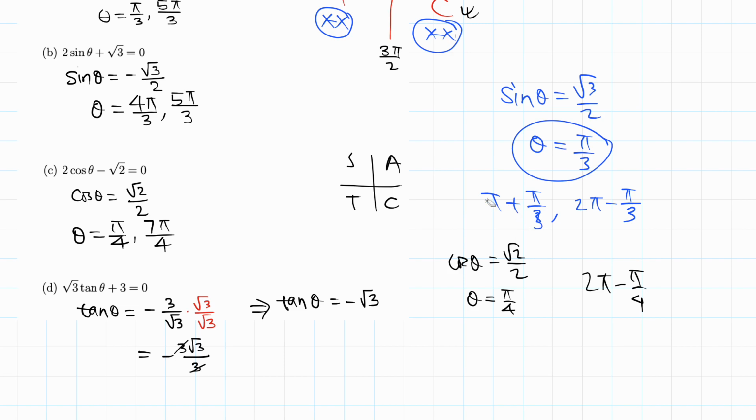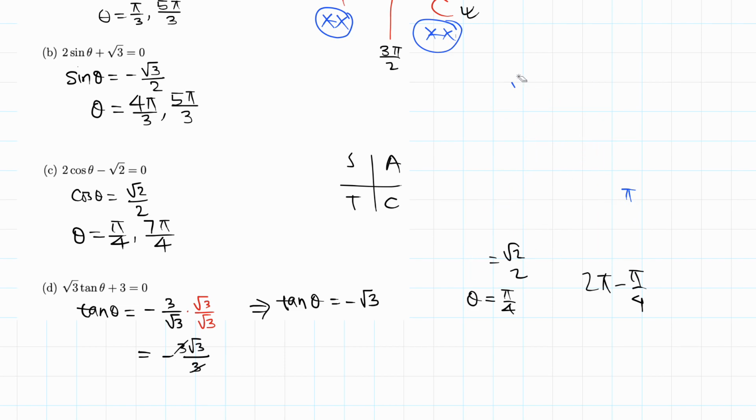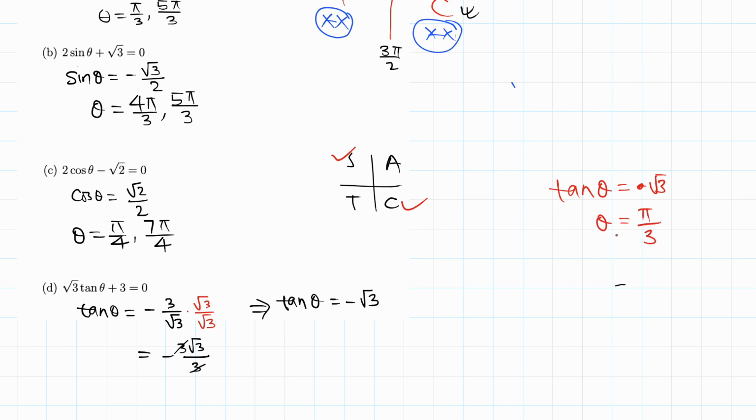Now we need to figure out where tangent is negative. Looking at this quadrant rule, ASTC, tangent is negative here and here. Tangent is positive in the first and third quadrants. In the first quadrant, let's find where tangent theta equals root 3. That's when theta is 60 degrees. You need to memorize the values in the first quadrant, then you will be fine.